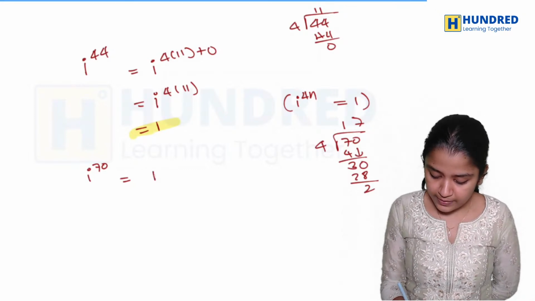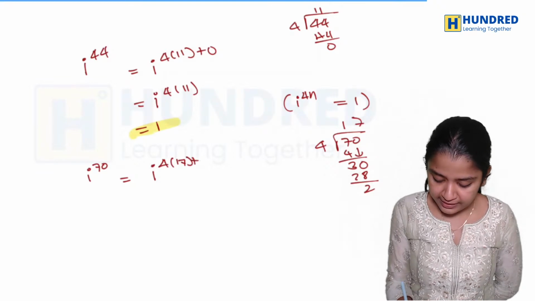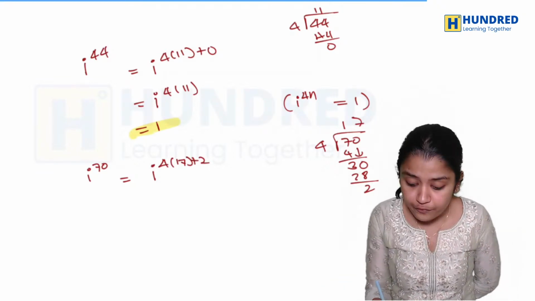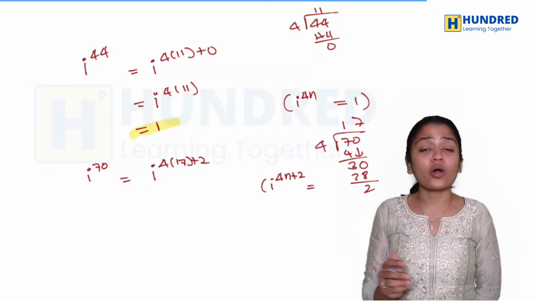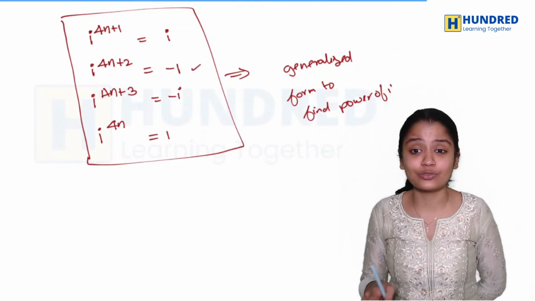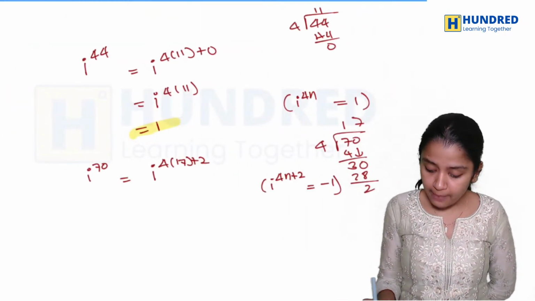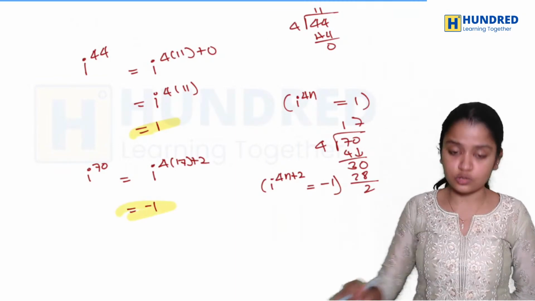So this will be i power 4 into 17 plus 2, which is of the form i power 4n plus 2. What is i power 4n plus 2? That is minus 1. So this answer is minus 1.